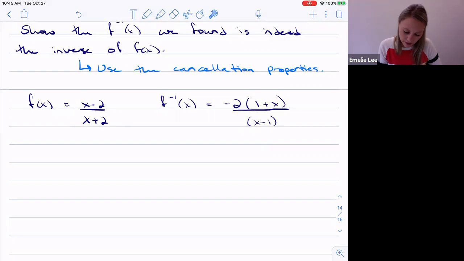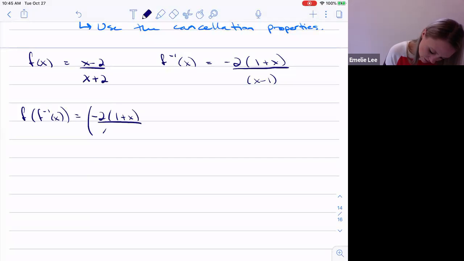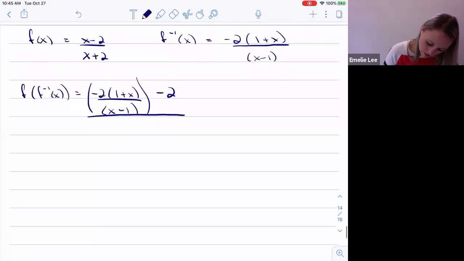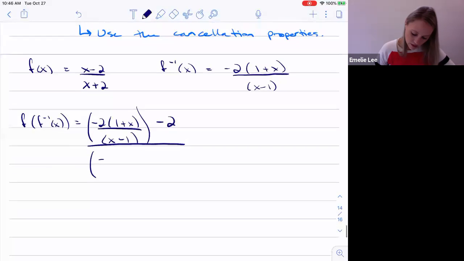So here we go. F composed with the inverse is going to be -2 times 1 plus x over x minus 1. Really careful with your negatives. All minus 2 divided by x, which is now going to be, oh, you know what?